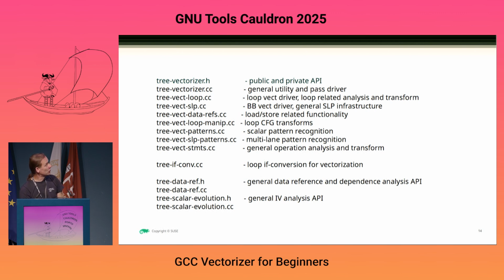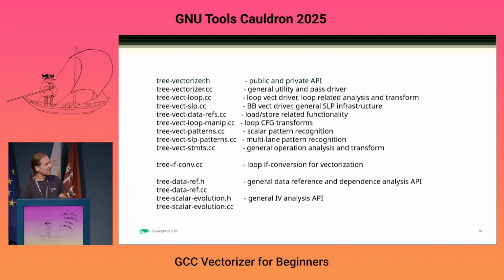Then we have the tree-vect-loop. You can guess there are loop vectorization related functions in that, like, for example, analysis of reductions and transform of reductions, basically everything that's special to loop vectorization. That's what's supposed to be there.